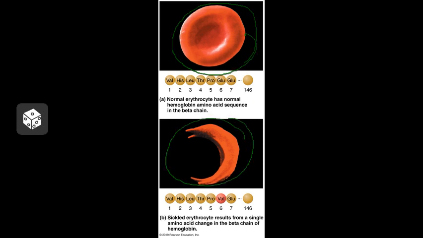The problem with sickle cell anemia is these jagged edges have a tendency to catch on the sides of capillaries, on each other, and that can be an extremely painful condition, as well as if you're not delivering the red blood cells around the body, you're not delivering oxygen and picking up carbon dioxide.